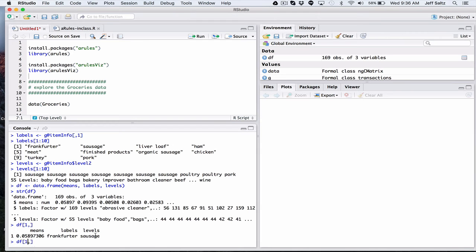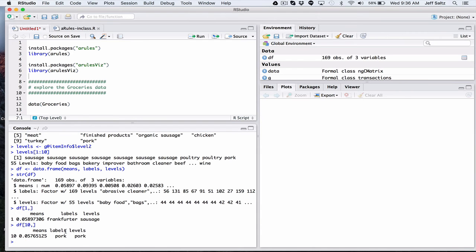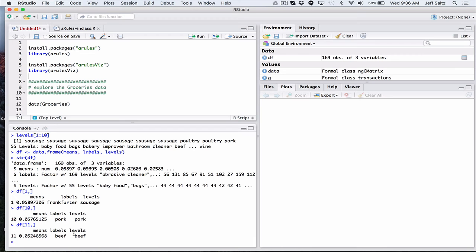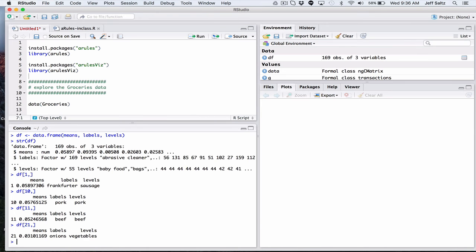You can take a look at, I don't know, the 10th item. There's pork, and one more, just to make it beef. Okay. Onions. So we can get a feeling of the different items just by looking at the data frame.